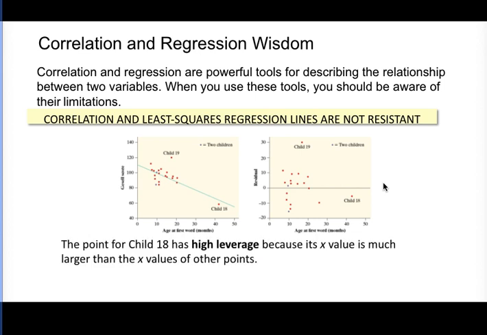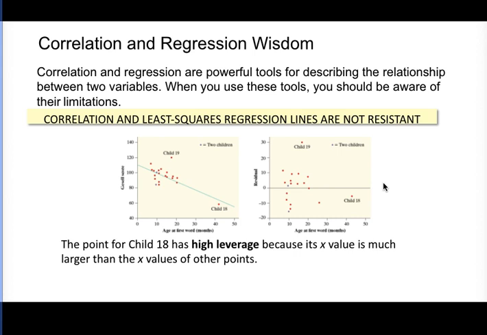So if I can show you these two graphs, if you look at child 18 and child 19, notice how child 18 has a similar Y, but it's all the way over to the right. So if we take a second and we stare at this data, this is the age that people had their first word and also their Gesell score.